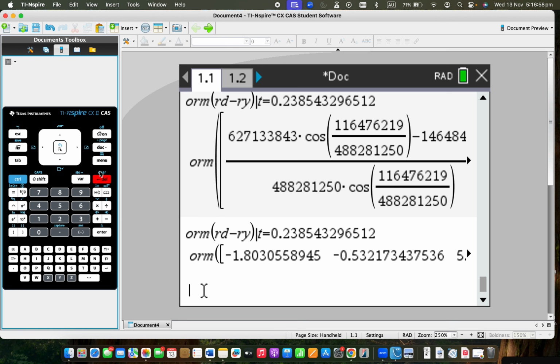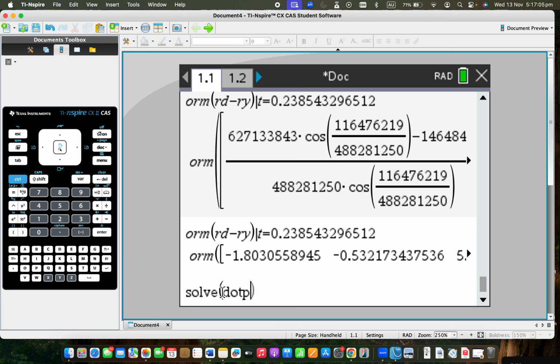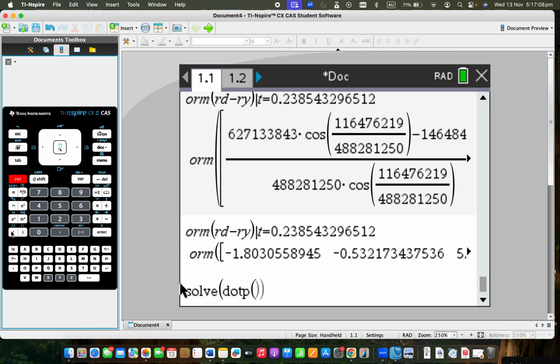So if we do a solve, dot product of 1 minus t, comma, negative 1 plus 2t, comma, negative 6 plus t, and then comma, the direction vector, which is negative 1, comma 2, comma 1.